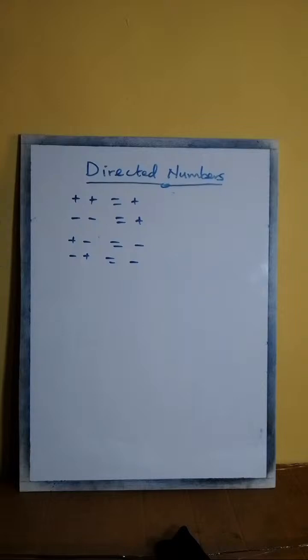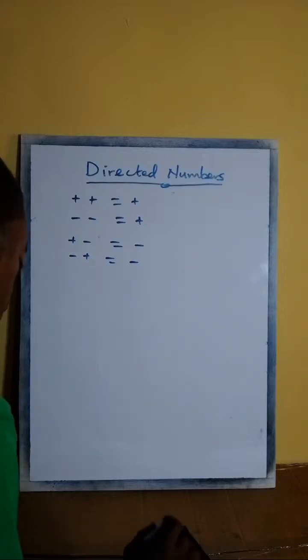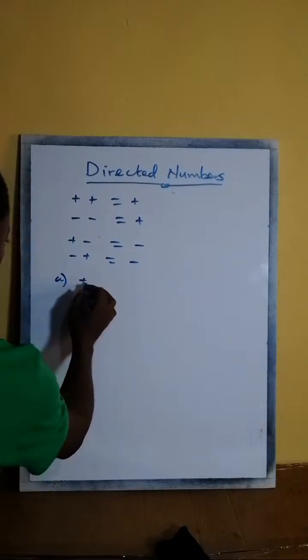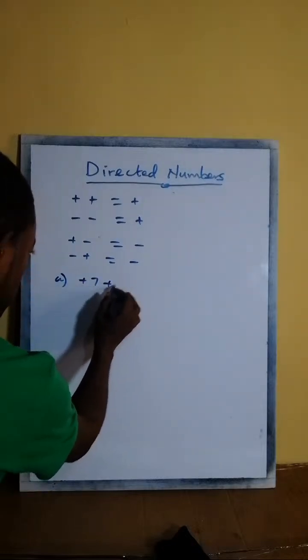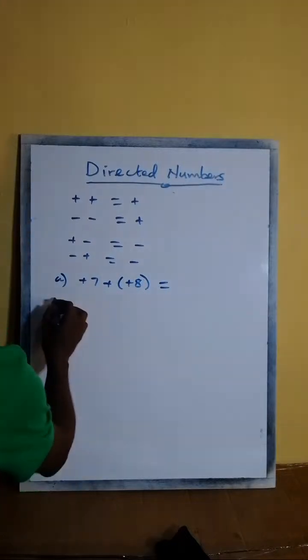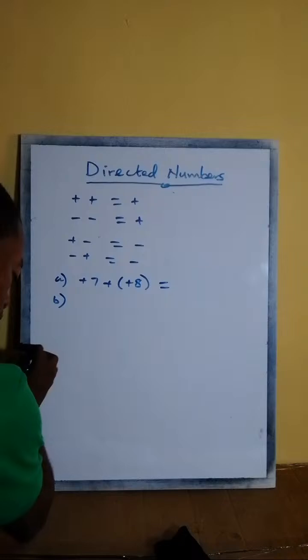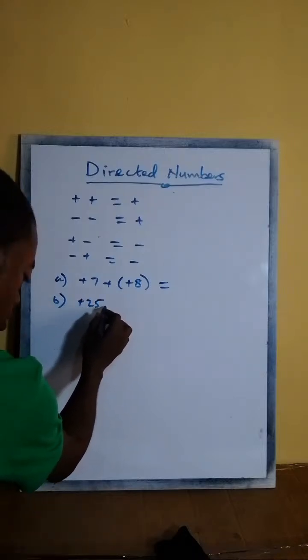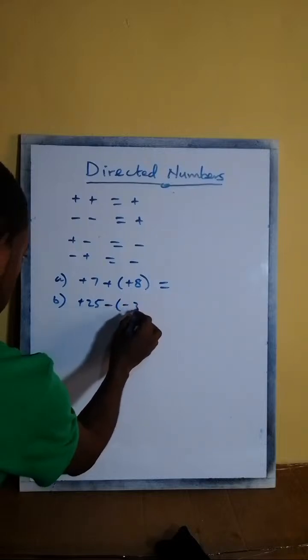Now let's look at these questions. Find the value of the following. We have 7 plus 8. So what is the answer here? Also the second one, we have 25 minus minus 30.